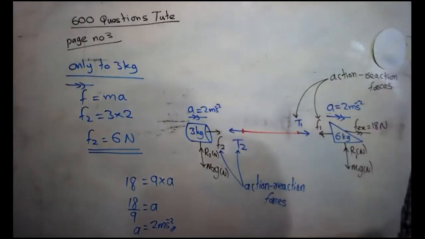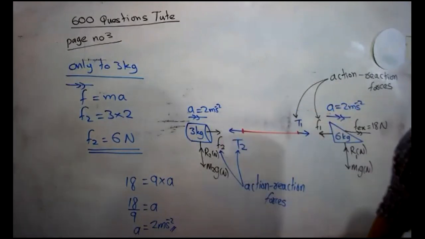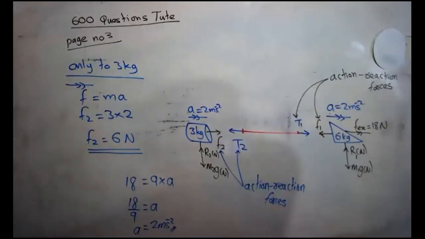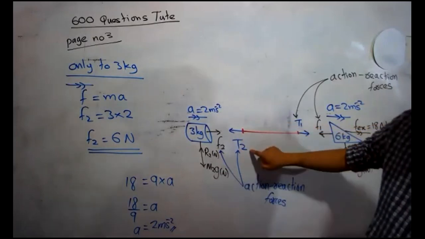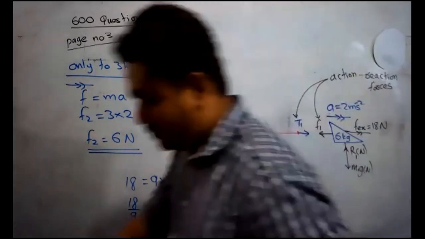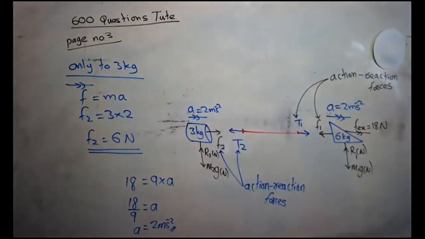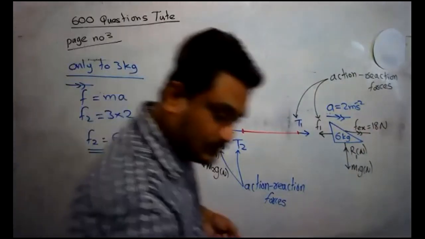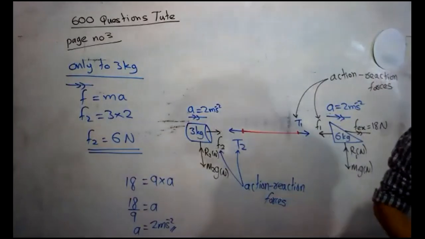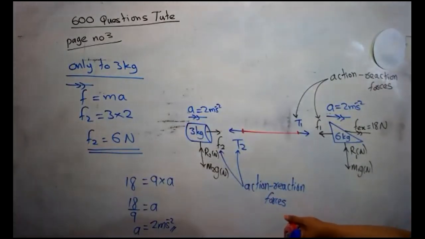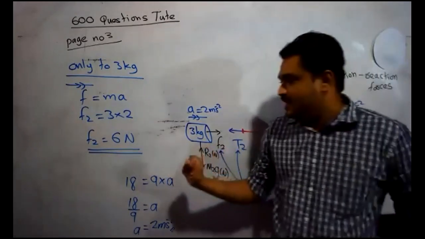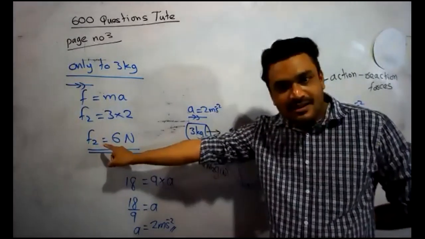Okay, now, shall we please find 6 Newton? And somebody unmute the mic and tell me, if F2 is 6 Newton, what should be T2, dear? You can't unmute? Wait, I'll give you help. Somebody please tell me. Six Newton, sir.